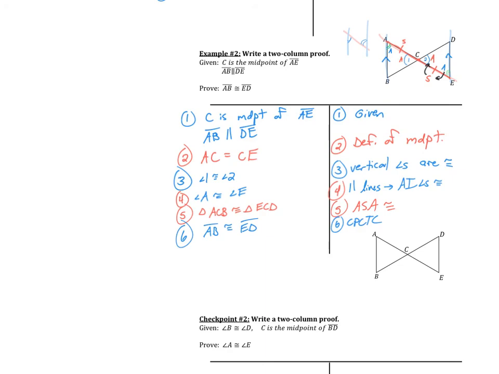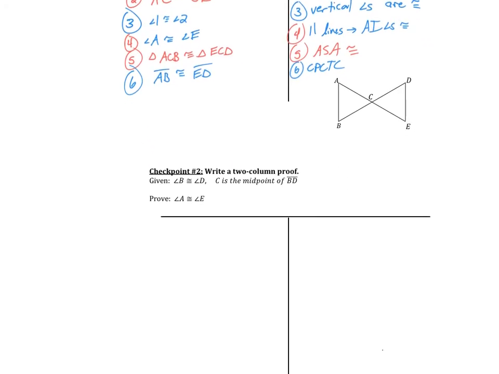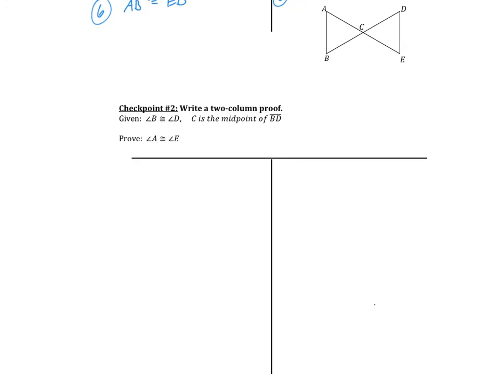Okay, if you need more time, hit pause. I'm going to quickly do the last proof. So this one says write a 2-column proof given the picture. So step 1 is do the given. Angle B congruent to angle D, and C is the midpoint of BD. And this is given.